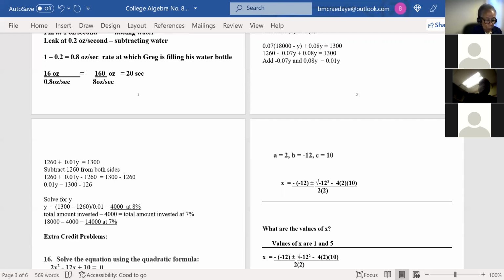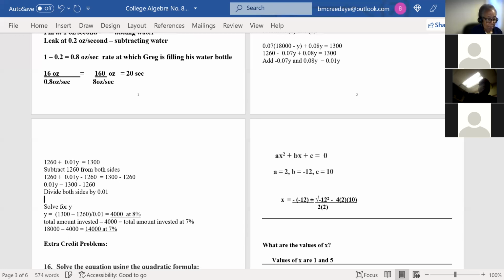Now, to solve for Y, I have to divide both sides by 0.01, right? So this is the division. So divide both sides by 0.01.